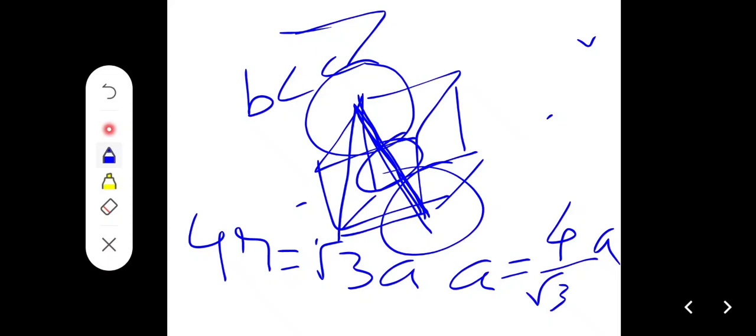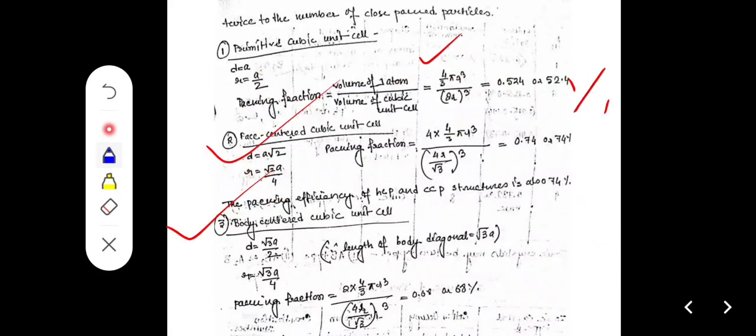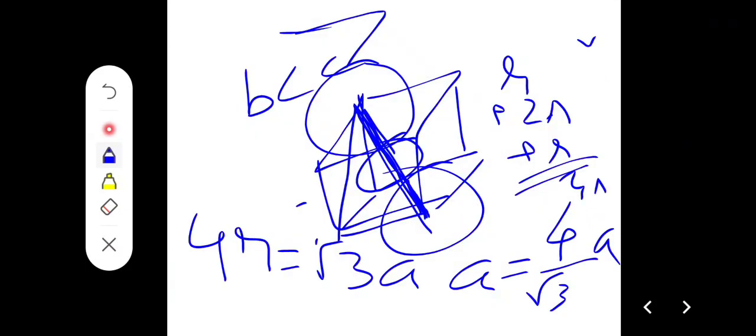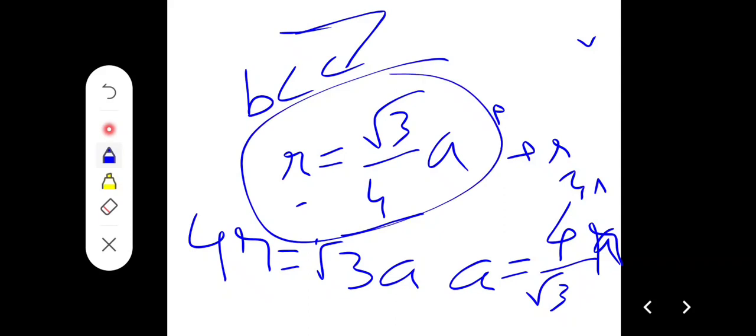That is r, 2r, then again r, making 4r. In this way we can say r equals root 3 by 4 a also.